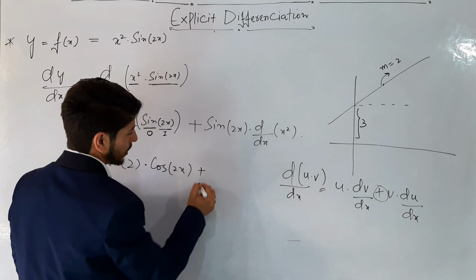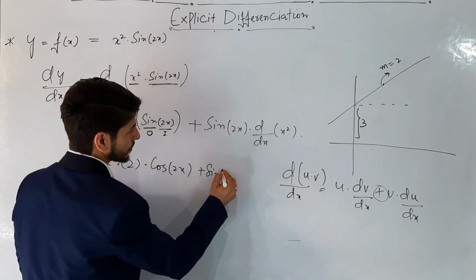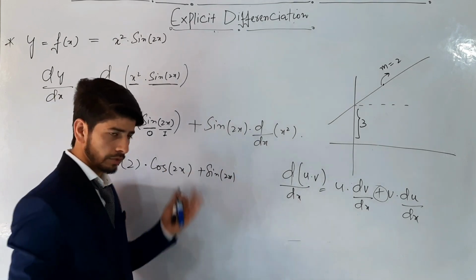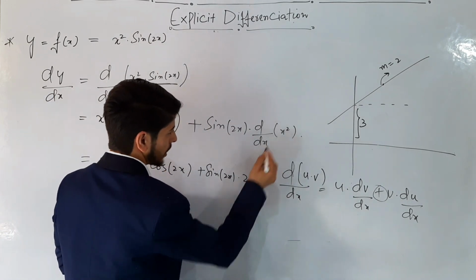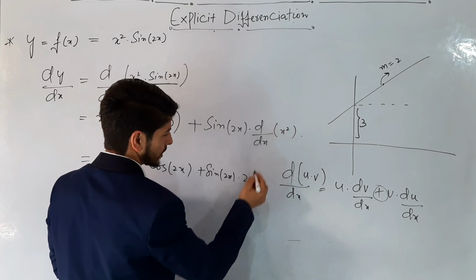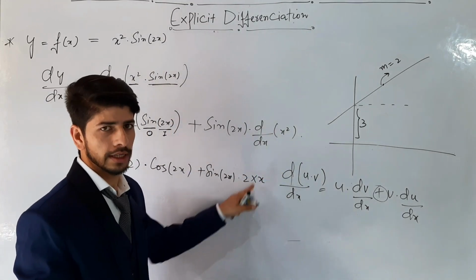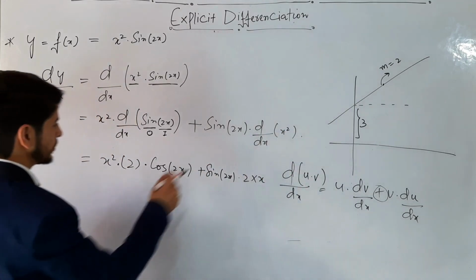Okay, nice. That's sine of 2x. But for the derivative of x square, what do you do? Put down the power, it will be 2, and subtract the power by 1, it will be 2x.